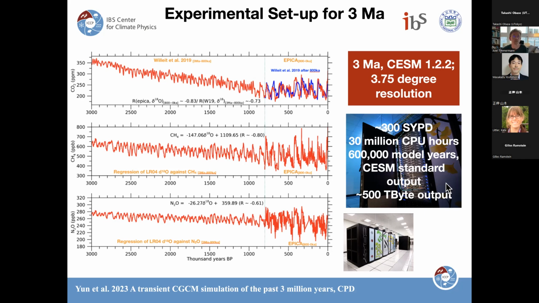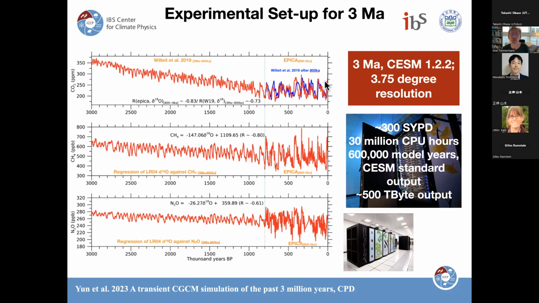So first, we needed to come up with a forcing, and of course, let's start with the greenhouse forcings. CO2, as we just heard, is a very interesting challenge because we only have rather scattered data, blue ice, boron data prior to the EPICA ice core. And that, of course, changes now with Yamamoto-san's record.